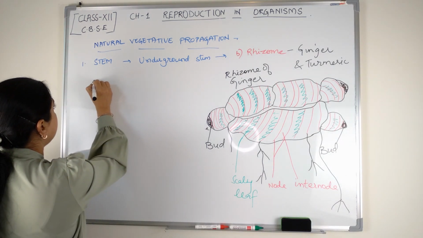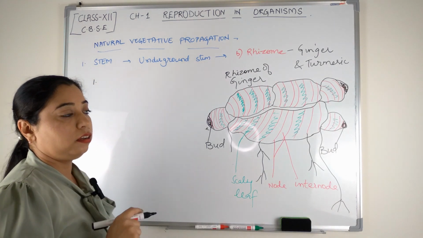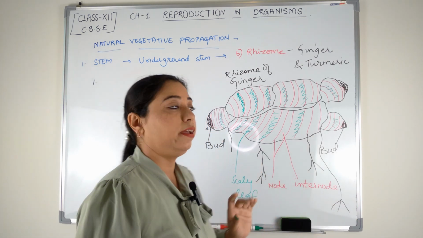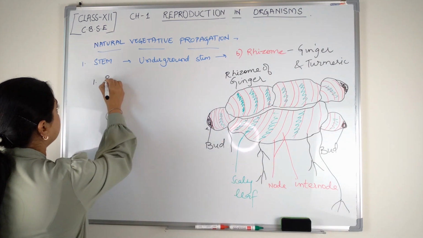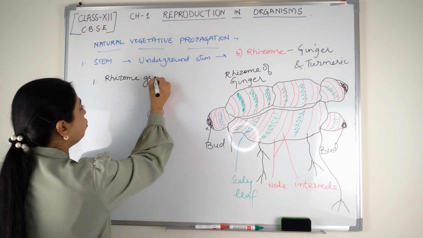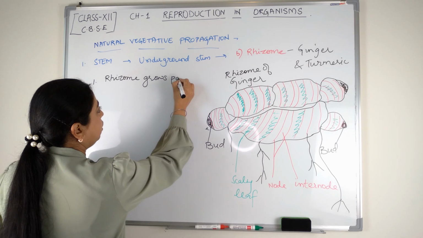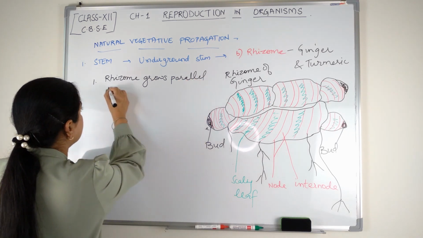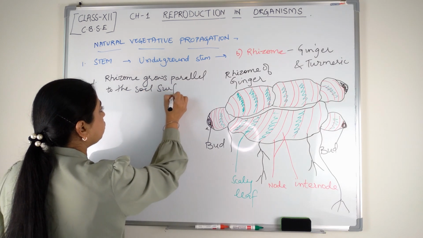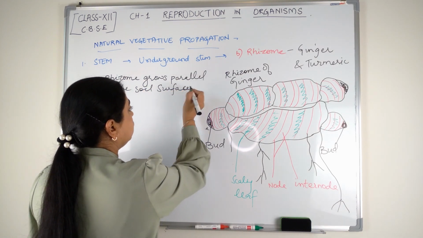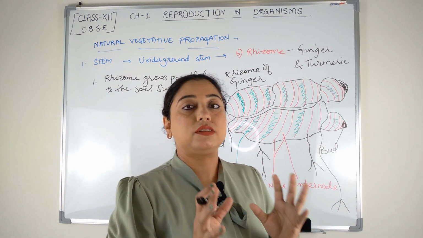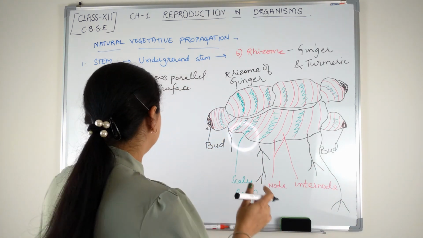The first feature is that the rhizome grows parallel to the soil surface. What kind of structure does it have? It's a swollen structure. Why? Because it stores a large amount of food.